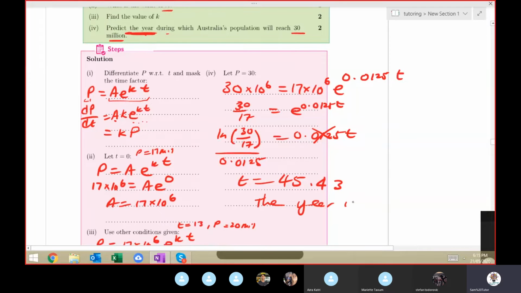The year is 1991 plus 45, 2036. If you just found 45, you do not get 2 out of 2. You only get 1 out of 2.